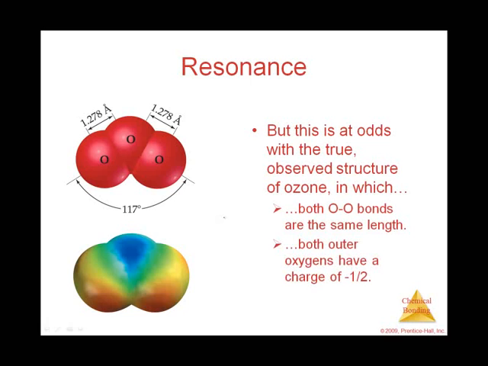So what that says is that this is not quite what it looks like. What it really looks like is some hybrid of this, where this second bond is moving. It's mobile. It's delocalized. So we call these resonance structures. So here we have ozone.